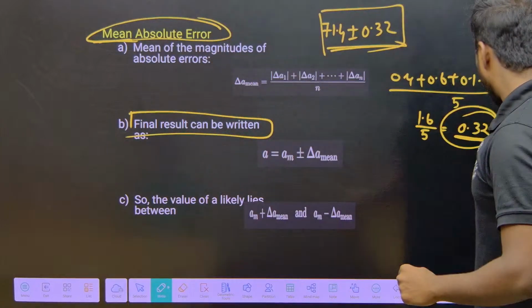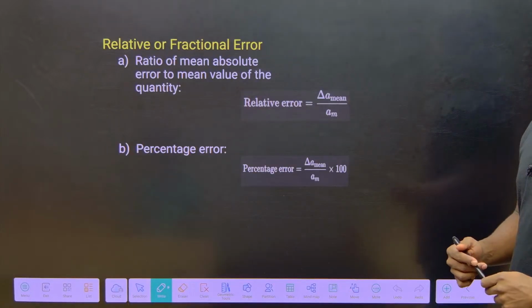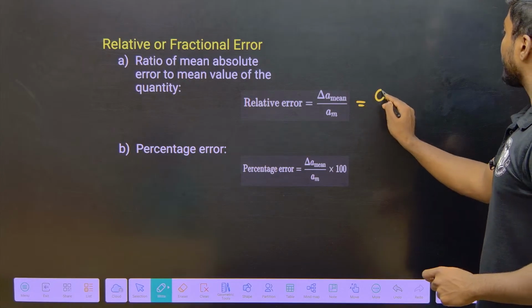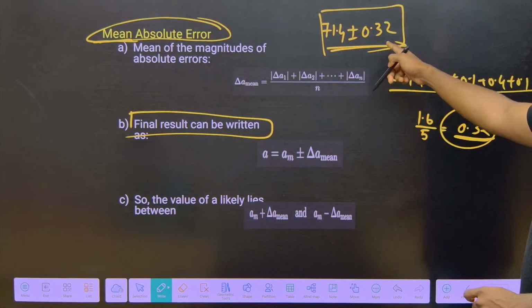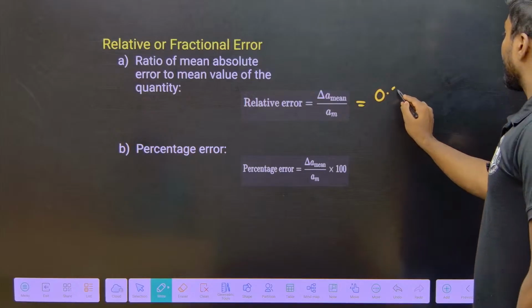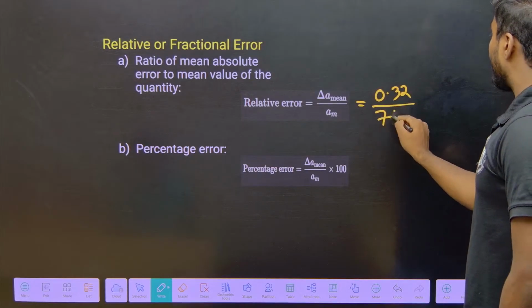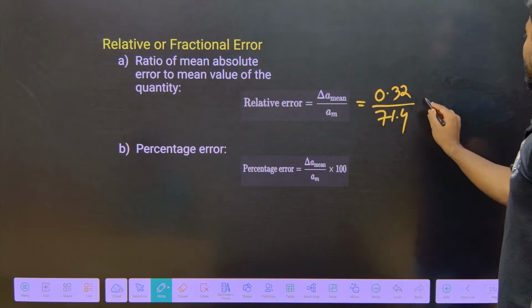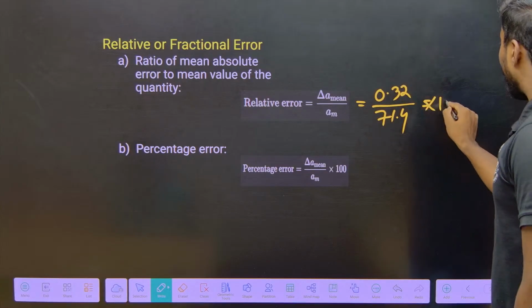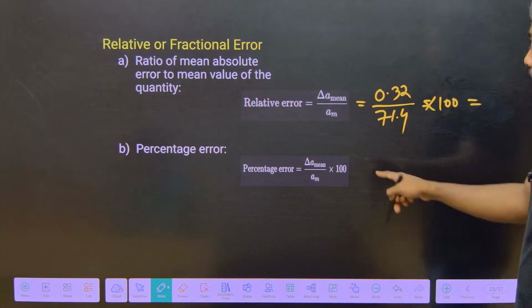Now if they are asking about the relative error, what is the answer? 0.32 divided by 71.4. If I multiply by 100, I will get the percentage.